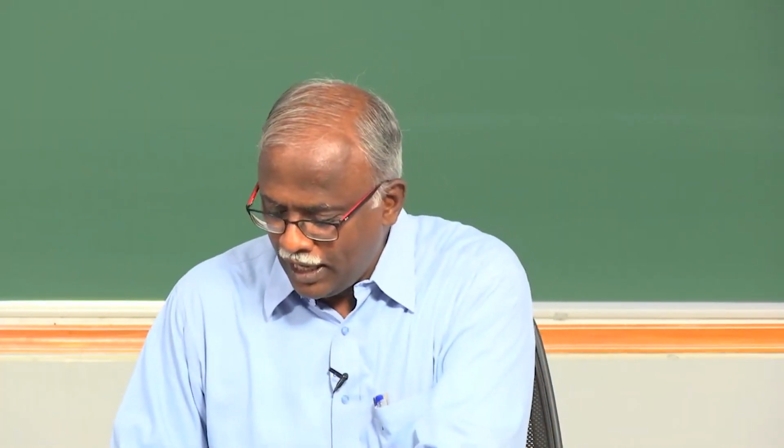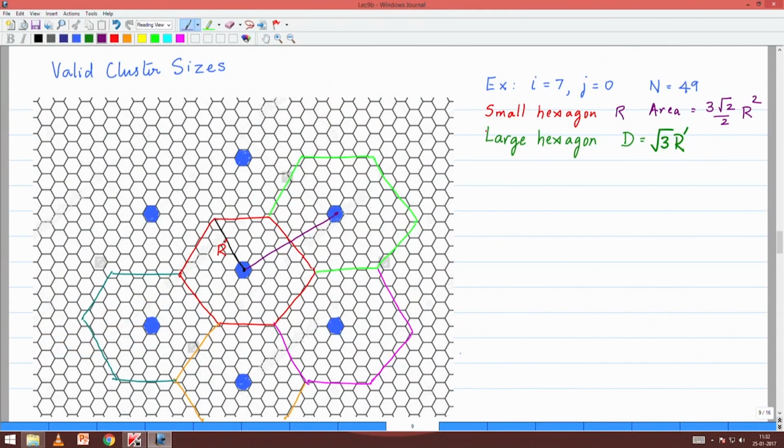So, if the radius of the larger hexagon is R dash, the area that I'm going to work with is 3 times root 3 by 2 R dash squared, which is the same as 3 times root 3 by 2 d squared by 3. 3 and 3 will cancel, that gives me root 3 by 2 d squared. So, that is the area of the larger hexagon.